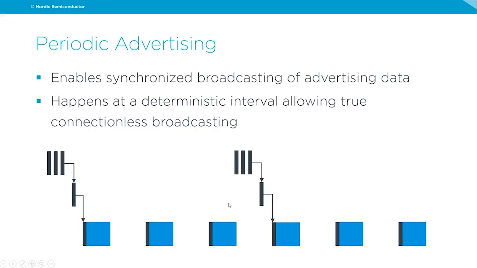Something quite similar to chain advertising is called periodic advertising. This is not the same. Here we enable synchronized broadcasting of advertising data, and the header now will tell when it will broadcast the data. They are not chained together, so you don't need to listen to all of them to have a big package.